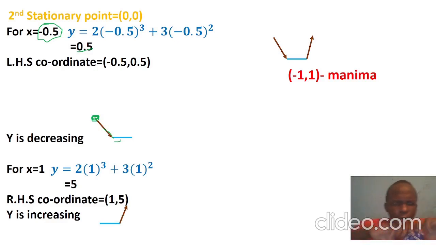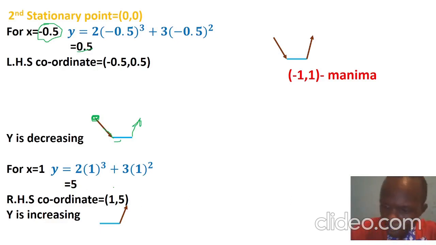We're also going to do the next substitution on the right hand side. You're going to see there's an increase of y from 1 to 5. And therefore, the stationary point of coordinate 0, 0 is a minima.